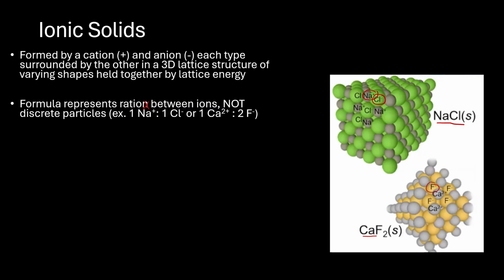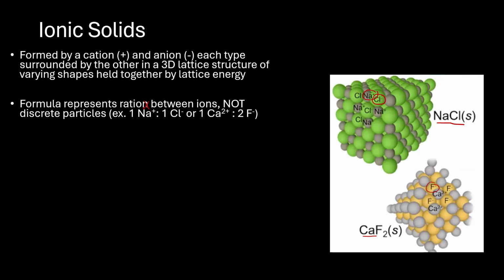For example, the ratio for sodium chloride is 1 Na+ for every 1 chlorine, and the ratio for calcium fluoride is 1 calcium for every 2 fluorides. This doesn't mean that there's only 1 sodium and 1 chlorine atom. It's just a ratio.